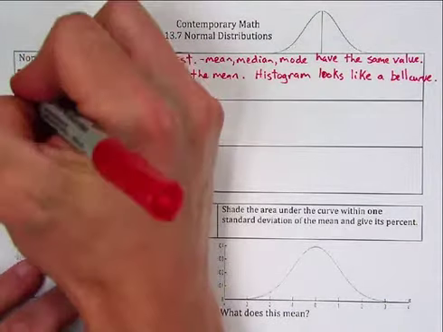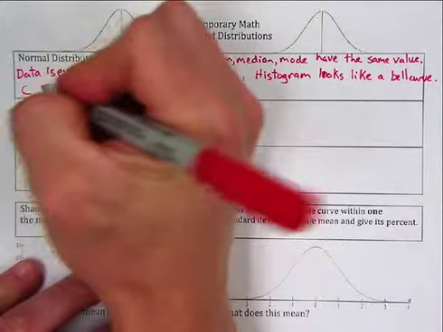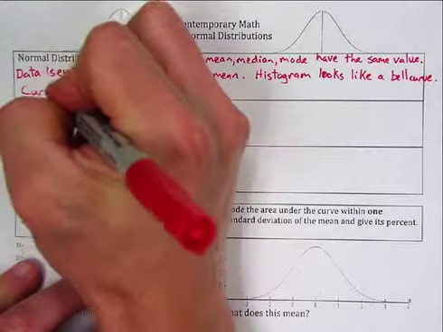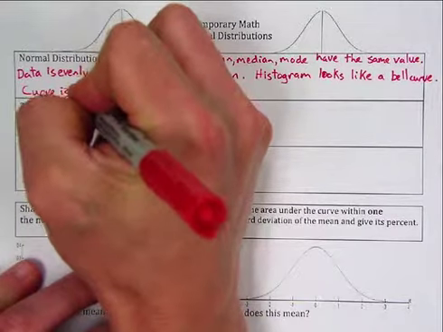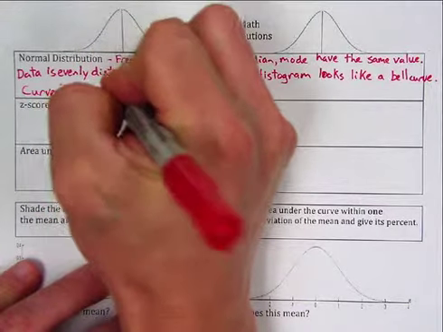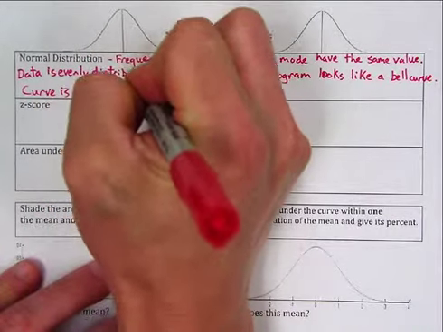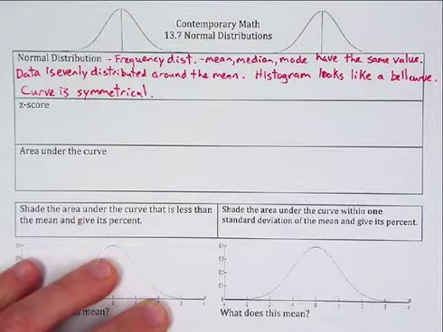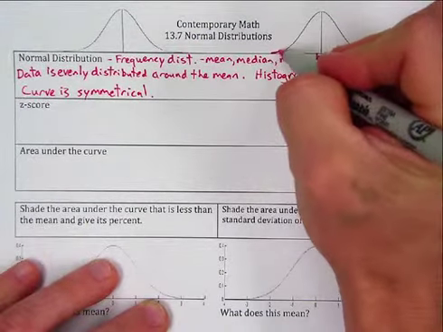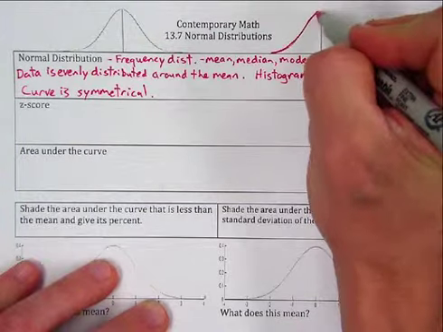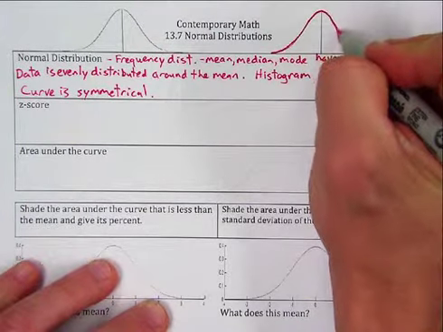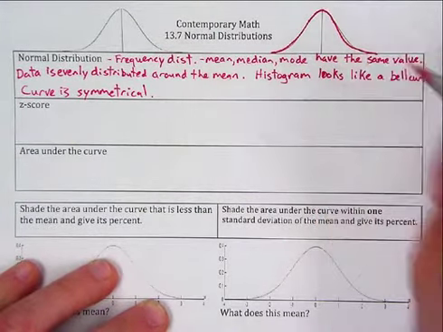And this curve is symmetrical. Okay, so you have a nice picture of a bell curve right here. And this would be the histogram of a normal distribution.